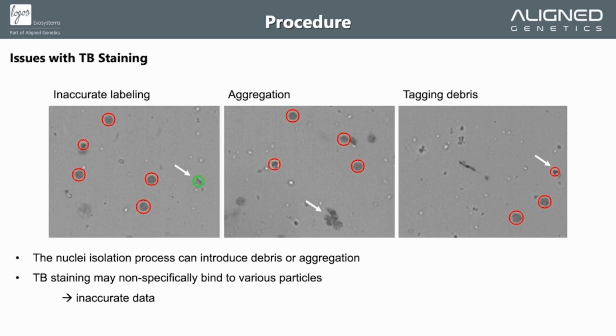Trypan blue staining may non-specifically bind to various particles, which can cause inaccurate data analysis. Furthermore, nuclei typically have relatively dimmer edges, which can make them harder to distinguish. This can also lead to inaccurate data analysis overall. Therefore, we recommend using fluorescent dyes such as AOPI or AO ethidium homodimer, which can mitigate these issues.